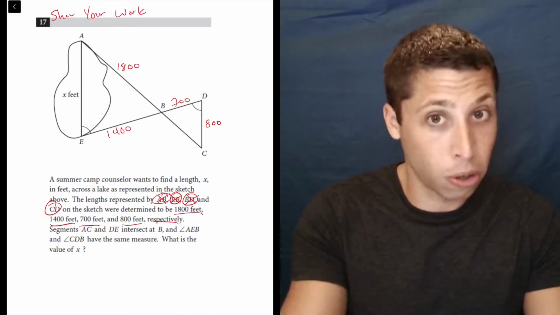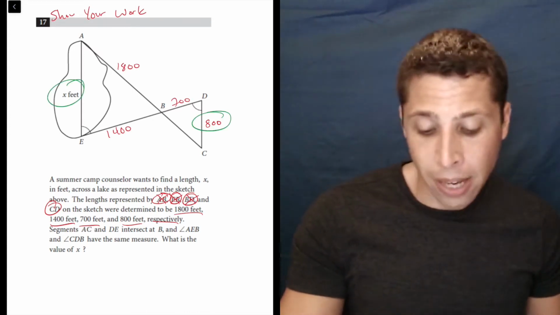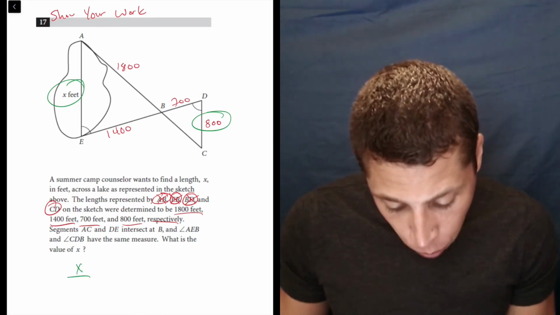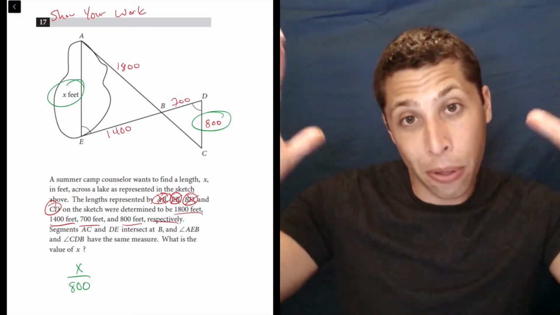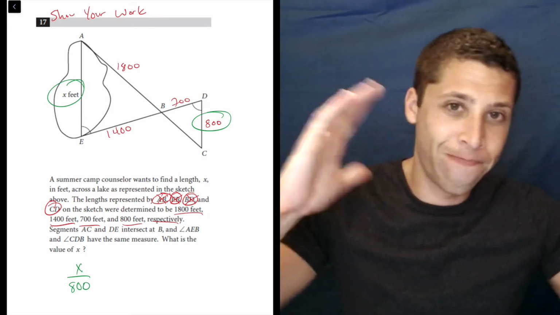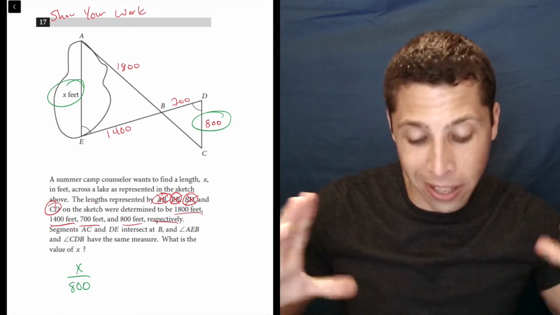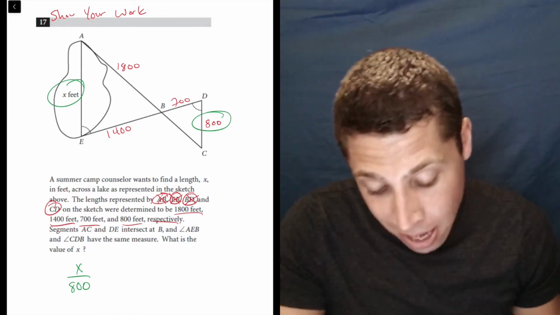They're proportional. So it's very clear, based on the picture, that the x is going to match up with the 800 because they're both the straight up and down side, the one that's separated from B the most. Maybe that's the best way to put it.